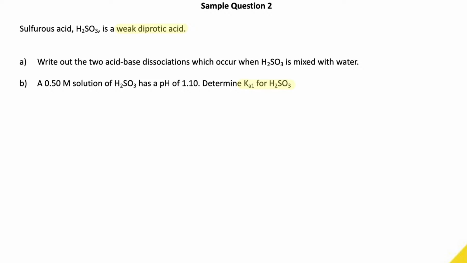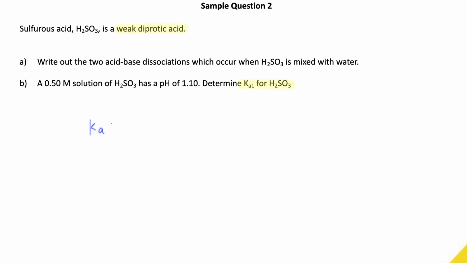So the second dissociation is not going to matter. We think of it as a monoprotic acid. That's the way we are going to work this, because the answer will be so close, it doesn't matter.